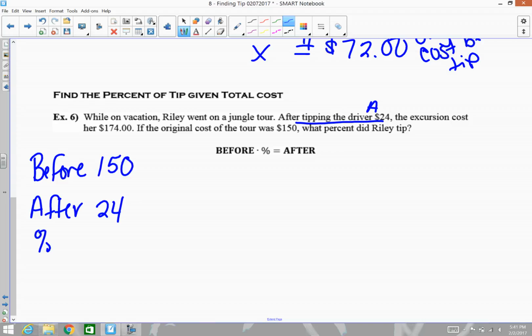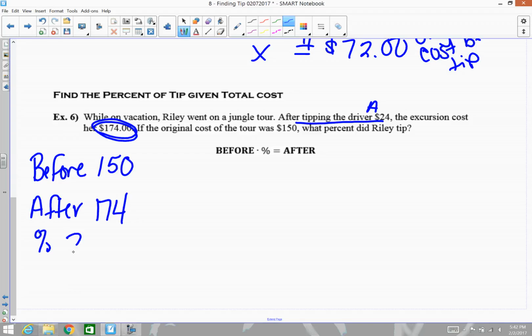Now there's a little twist in this question because they also give us her total cost. That's also an after fee. So after paying the $150, she tipped $24, bringing her grand total to $174.